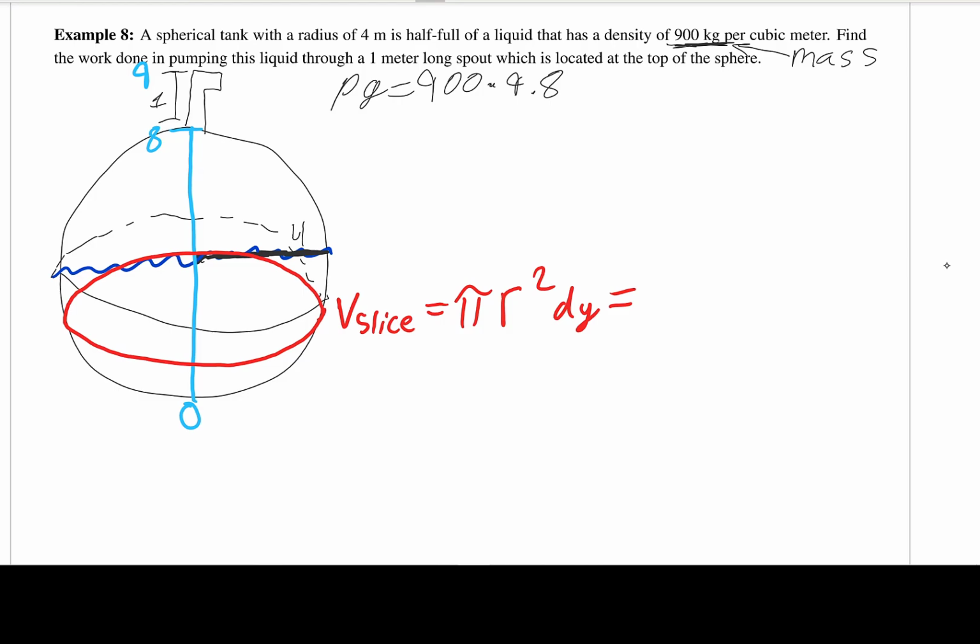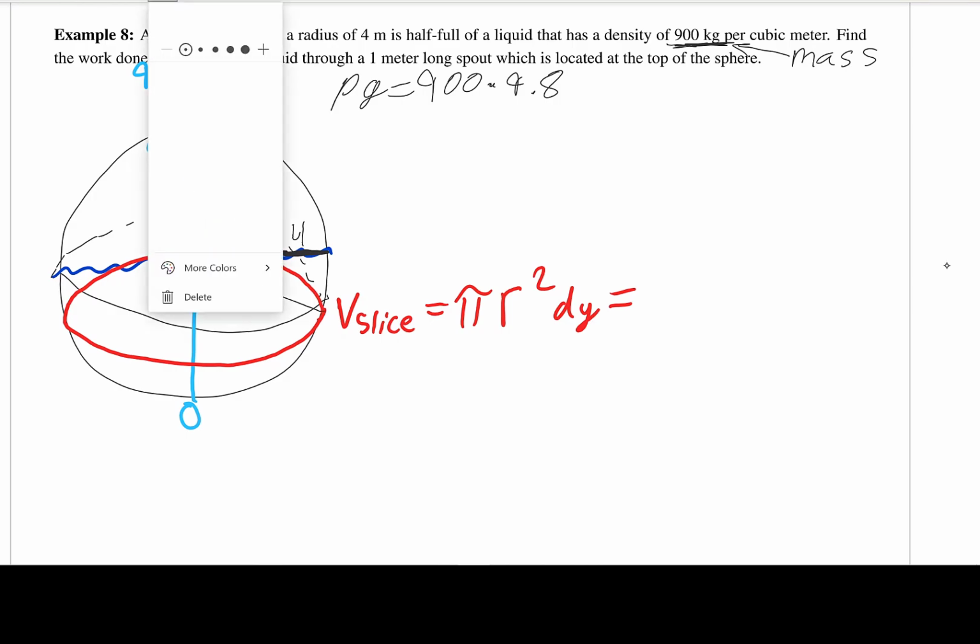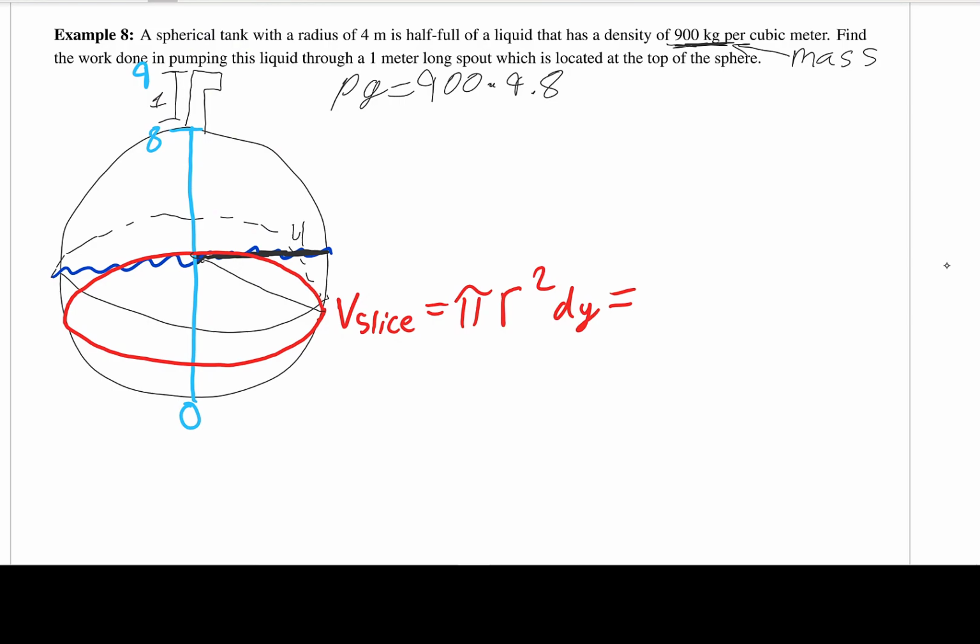All right, so if I do that, well, let's see. This right here, let's make this thicker. This is going to a boundary point, so this must have length 4. Okay. And then let's say that this slice is y units up from the bottom.